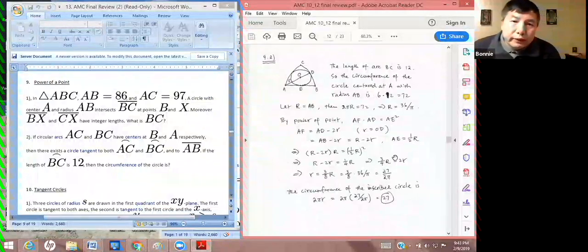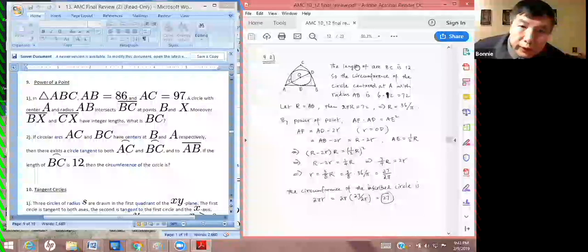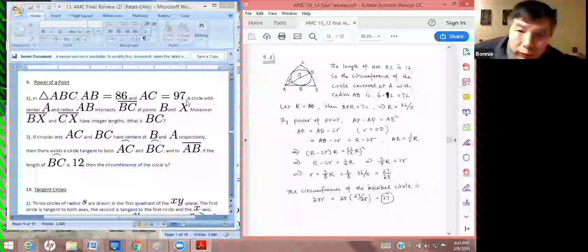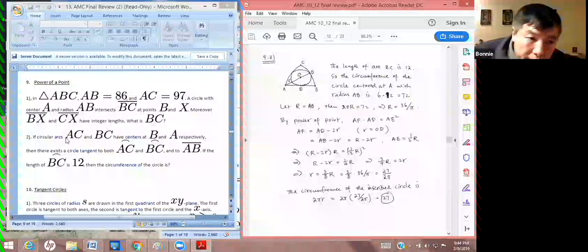Okay, the next one, let's look at the problems in this section of the PowerPoint. Let's look at number 2. In this problem we have two arcs, AC and BC.